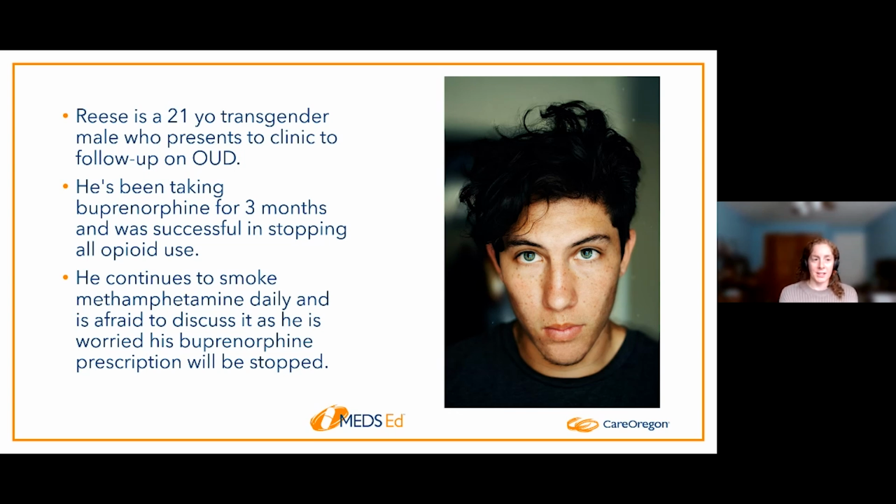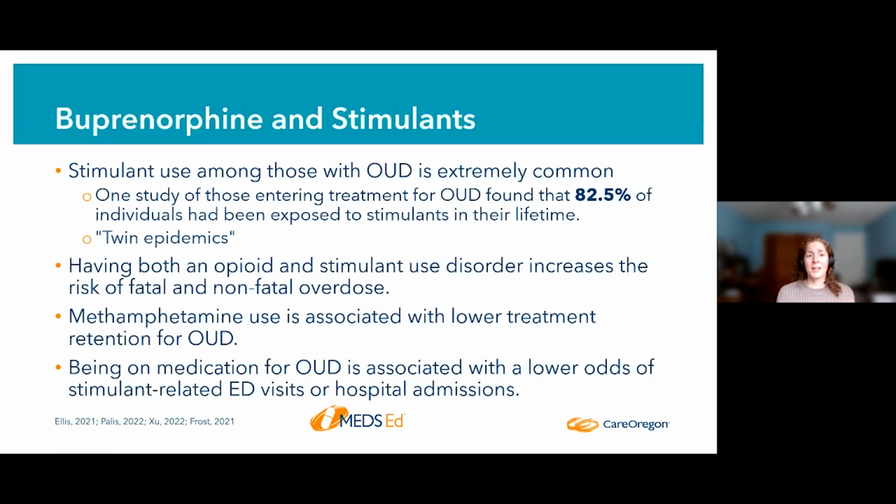This is certainly something that I've seen, not recently, but several years ago, patients who were being taken off of buprenorphine because they were having positive urine drug screens for stimulants, and I wanted to know what the data was on this. So even more than benzodiazepines, stimulant use in those with opioid use disorder is extremely common.